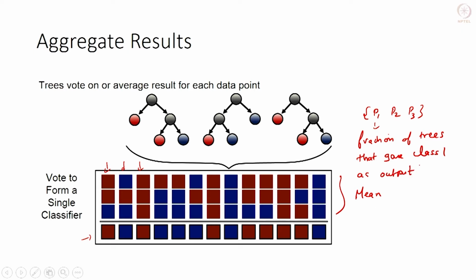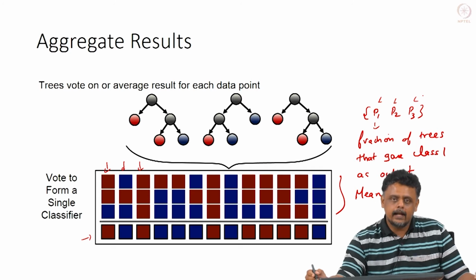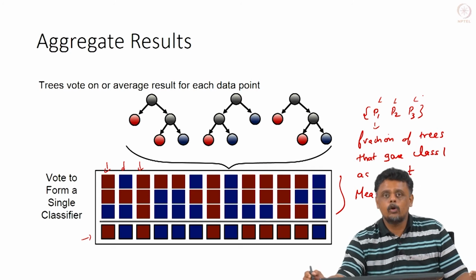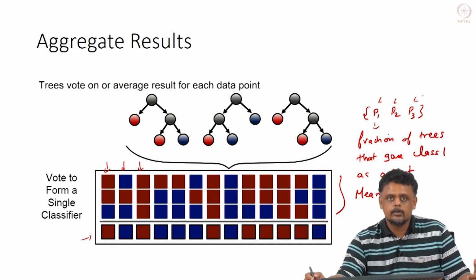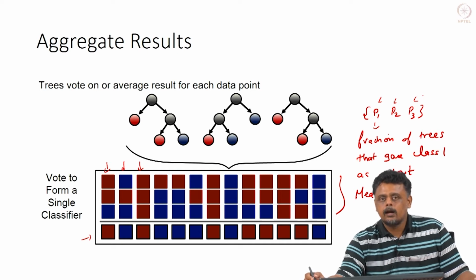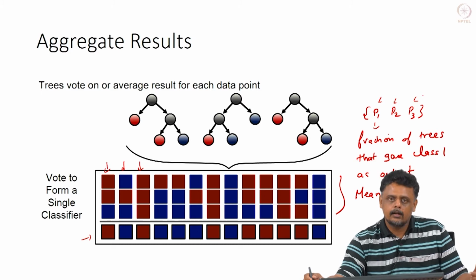You can do it this way, but the better way would be to actually get the raw probabilities from the output of the tree itself. For instance, each tree will output a certain class with a probability that you can calculate based on the leaf to which it is assigned, and you can take the average probability over the leaves of every one of those trees and use that to classify into a particular class.